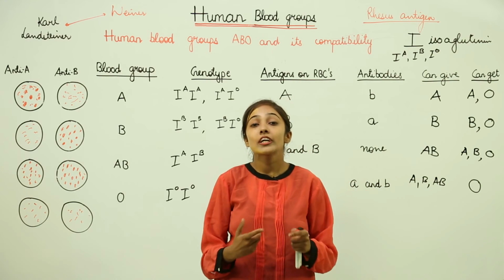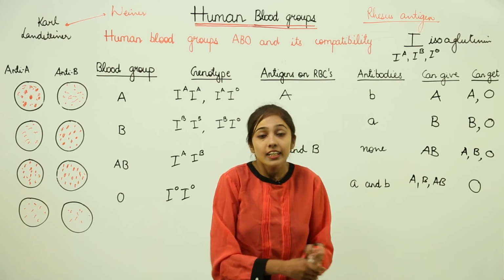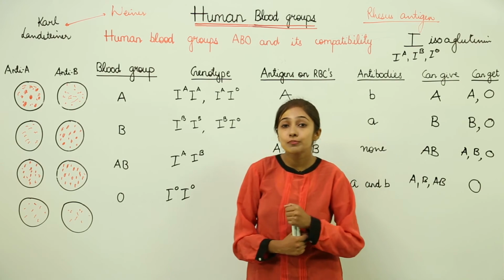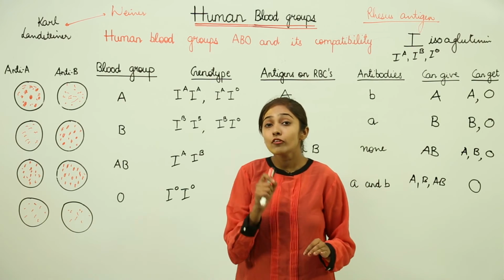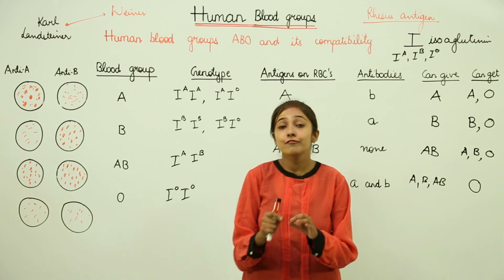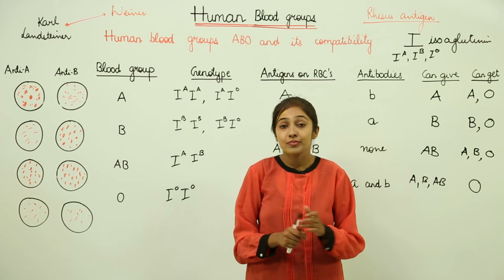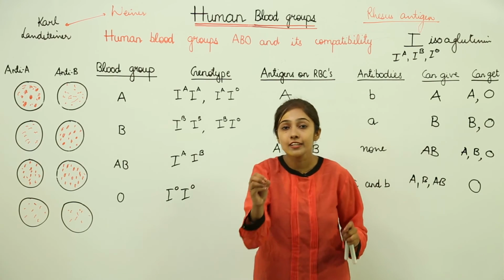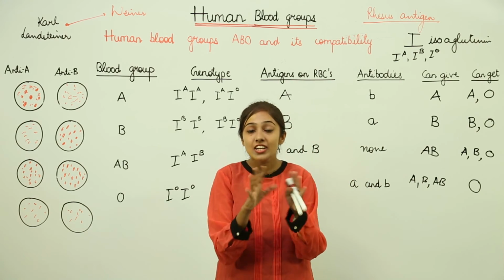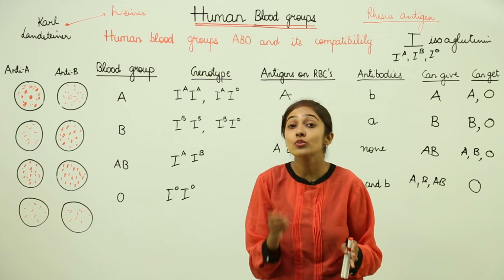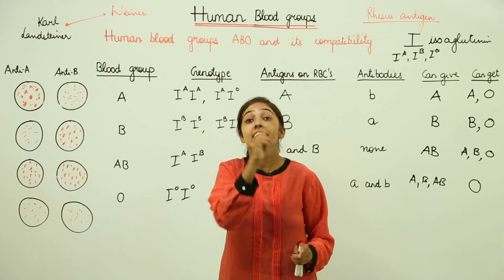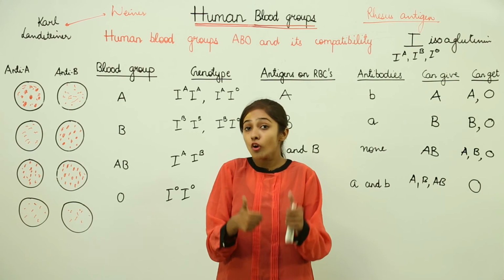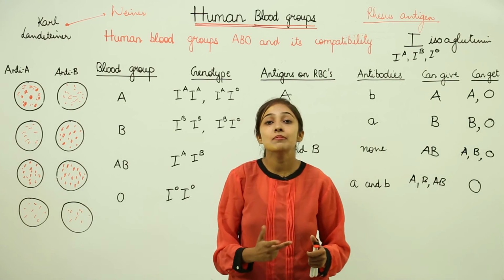For the first time it is going to be okay. But for the second time, if the donor is Rh positive and the recipient is Rh negative, there will be a reaction that kills the RBCs. So this can even lead to death the second time. First time it may not affect the person, but second time it can lead to death.